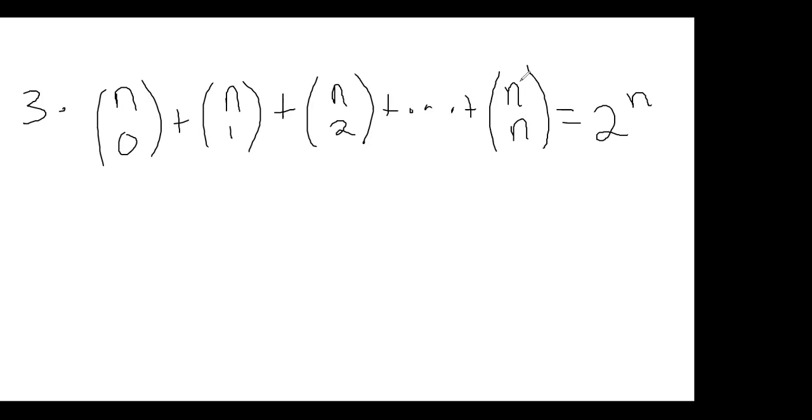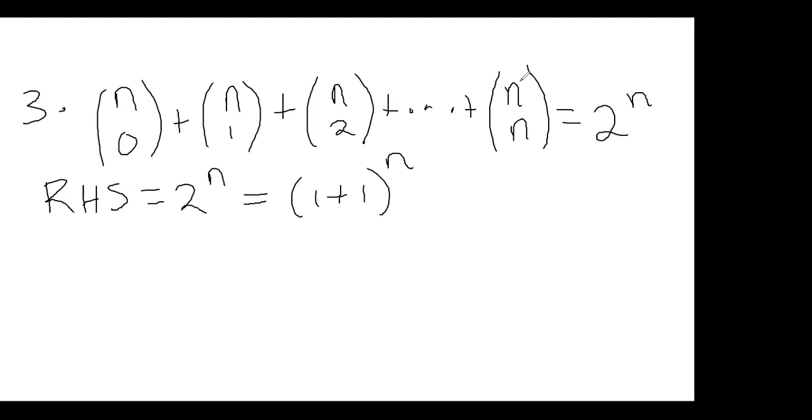Okay, so you can start with the right hand side, which is equal to 2 to the power n. Then 2 is the same as 1 plus 1. So you're saying 1 plus 1 to the power n.